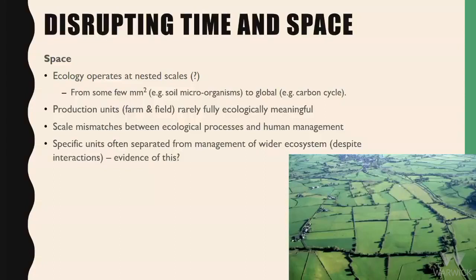So the spatial arrangement may not be ecologically optimal in comparison with what could be there, which means that we're getting, in an ecological sense, inefficiencies and problems getting created. We're also getting separations of managed areas from more natural ecosystems, which may be losing beneficial interactions.